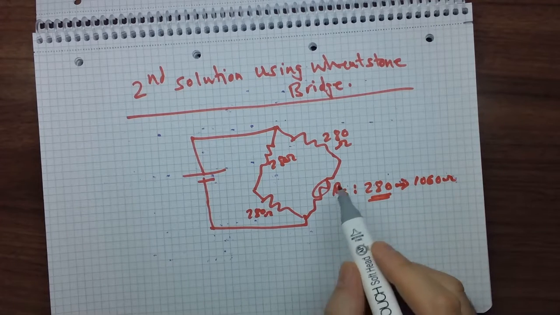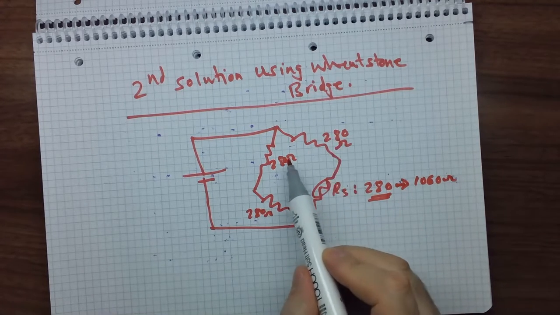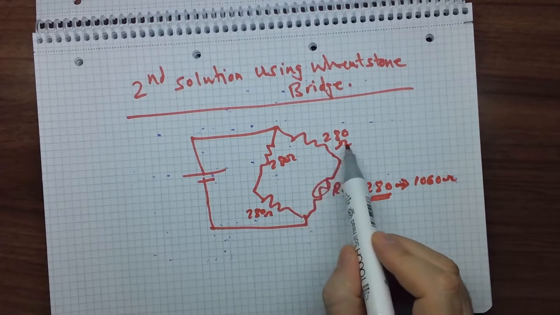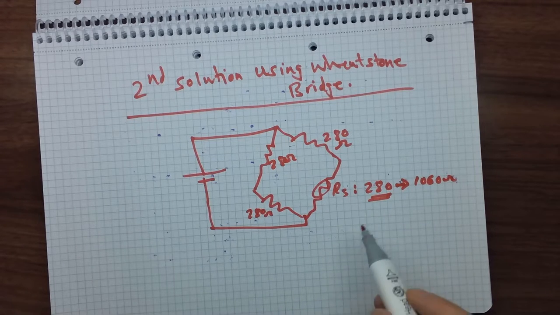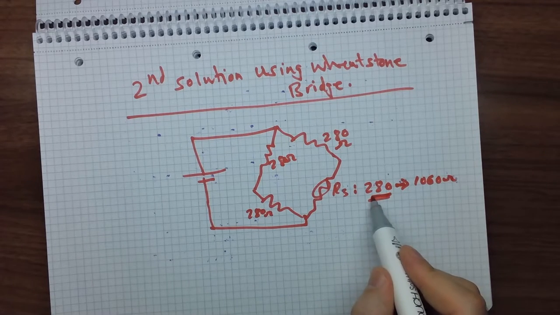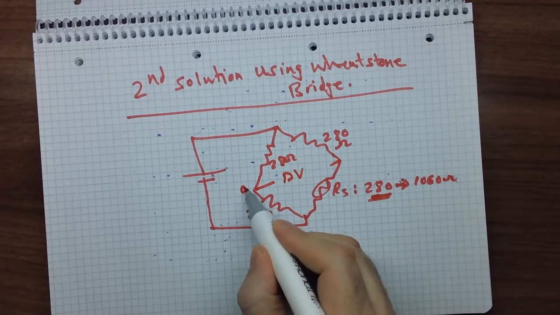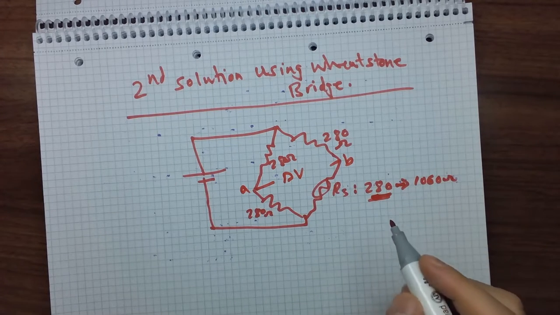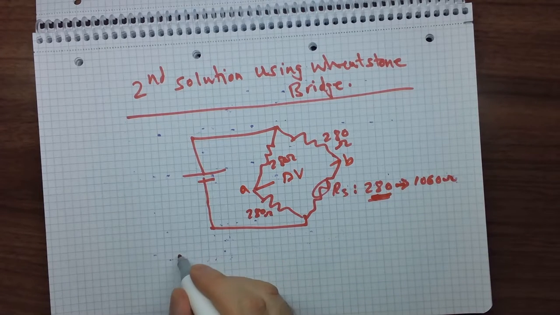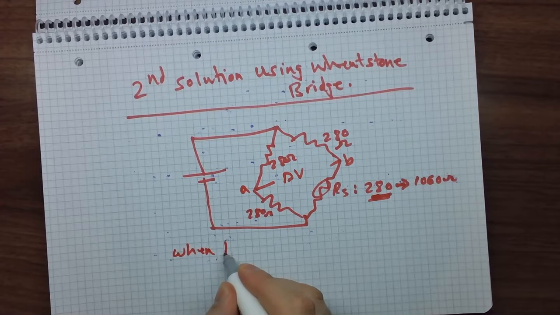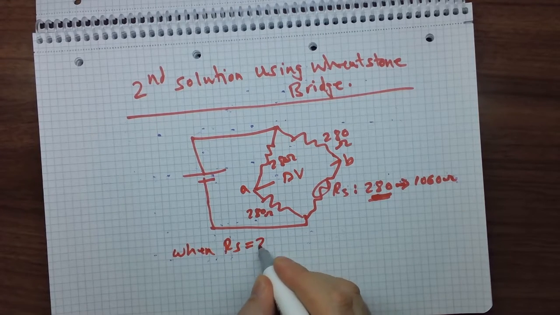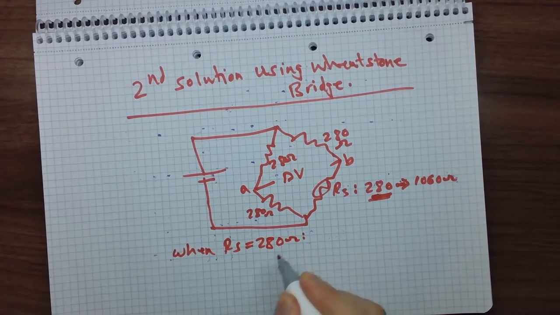So we can choose the other resistances to be 280 ohms. In this case, when we have this initial value of the sensor, then we get delta V between point A and point B to be 0. So RS is equal to 280 ohms.